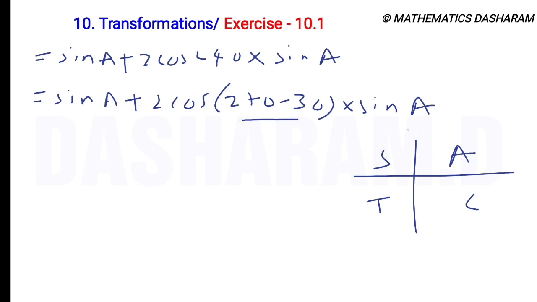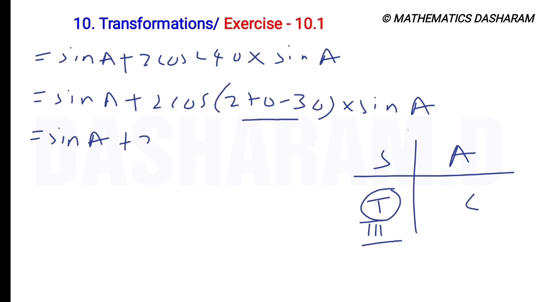All silver teacups. 270 minus theta means it will go to the third quadrant. In the third quadrant, the plus sign is for tan and cot, and for the remaining ratios it is minus. At the same time we need to change the trigonometric ratio because here it is 270 degrees.